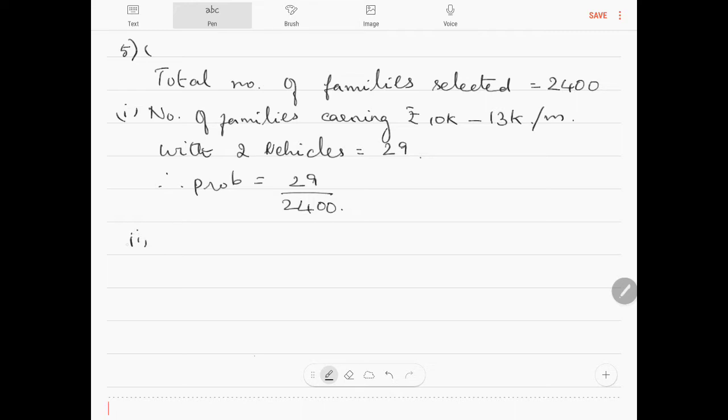Question number 2. Similarly, the question is earning rupees 16,000 or more per month and owning exactly 1 vehicle.